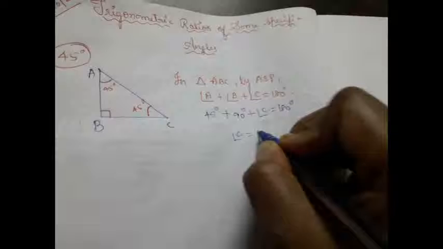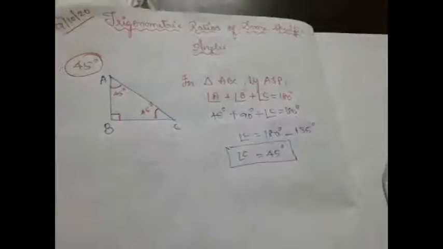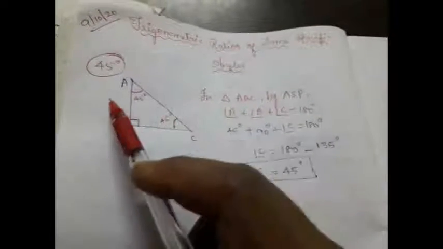Angle C will be 180 minus 135 degree, which is 45 degree again. So angle C is 45 degree, right? Now, to find the trigonometric ratios we should know all the three sides of the triangle, then only we can define the trigonometric ratios.